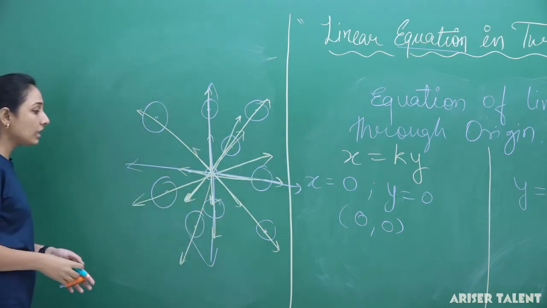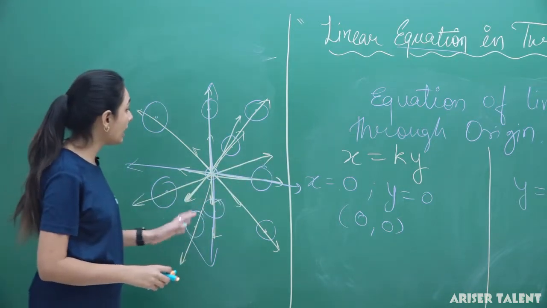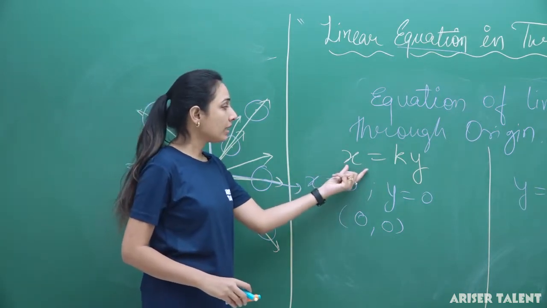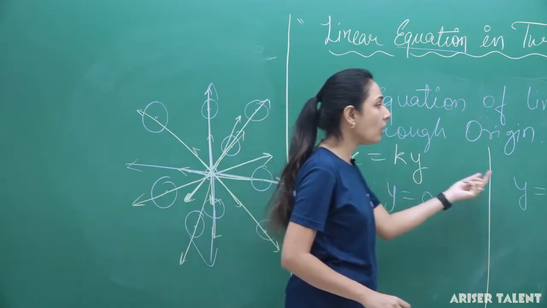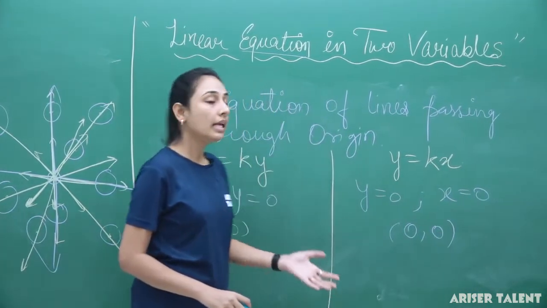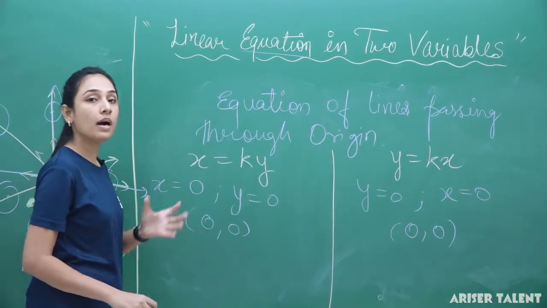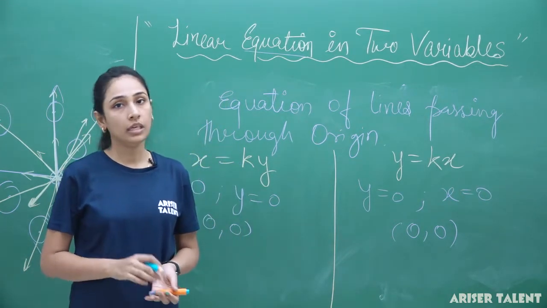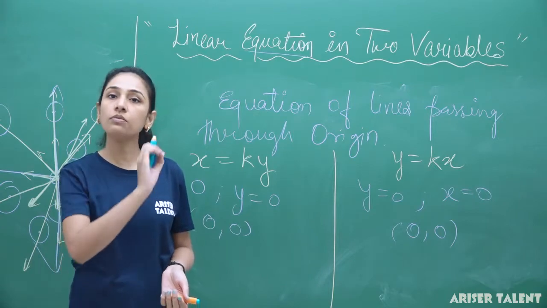That means all these lines in the format x equals to ky or y equals to kx are going to pass through the origin for sure.